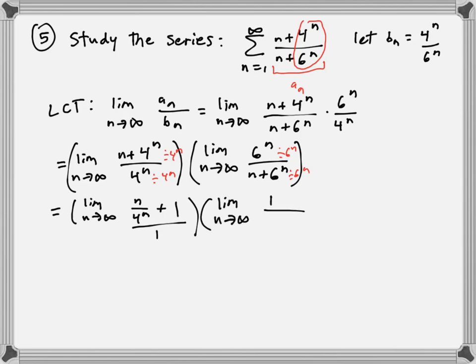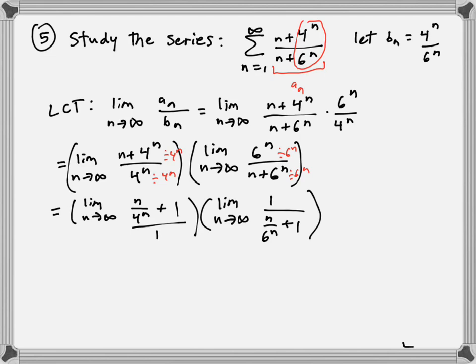And here we get 1 over n over 6^n plus 1. Now the problem is that when you try to do these limits, we have to know what the limit is of n divided by an exponential. So let's do that off to the side.